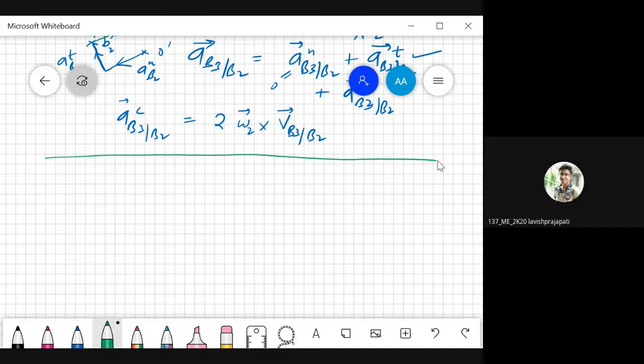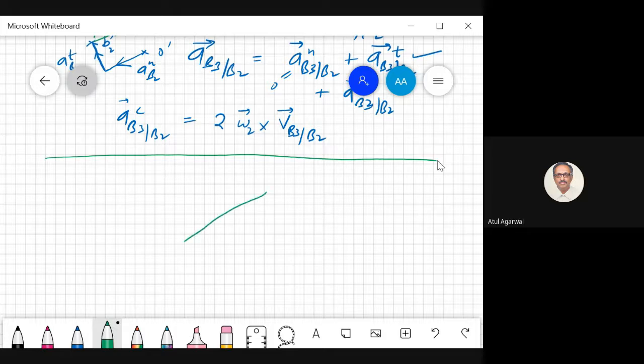But Sir, you should explain this Coriolis acceleration. Yeah, Coriolis acceleration occurs when our observer is also moving, also rotating. Okay, I'll explain.